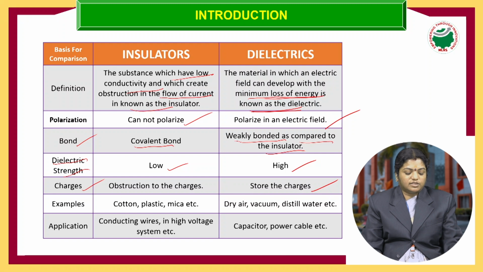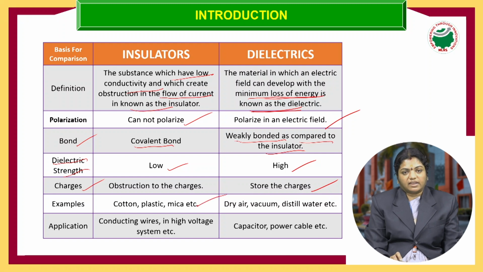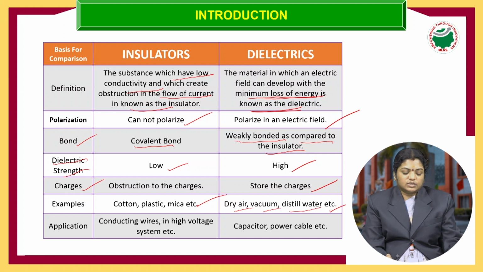Examples of insulators are cotton, plastic, mica, etc. Examples of dielectric materials are dialyzer, vacuum, distilled water, etc. What are the applications?